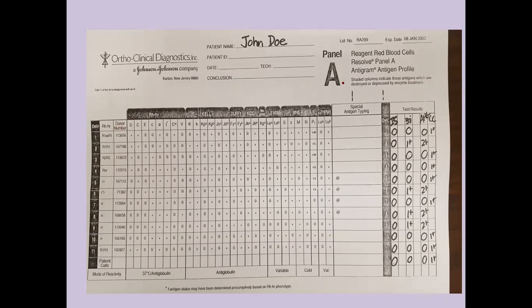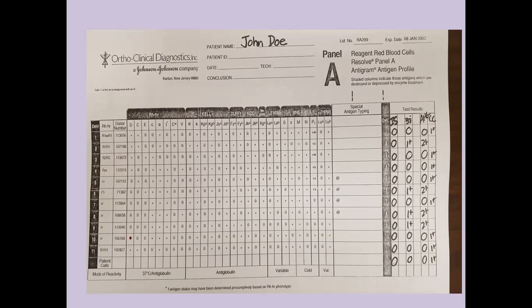So this is one that I made up. One thing I want to show you is that sometimes in the lab, a tech may want to run something called an Rh negative select panel. Why would they want to do that? They may want to do that if they have an Rh negative patient, for instance. What that would mean is I would look at my cells and select only the ones that are negative for D. If you remember, all of these little r's, cells 5, 6, 7, 8, 9, 10 are all Rh negative.